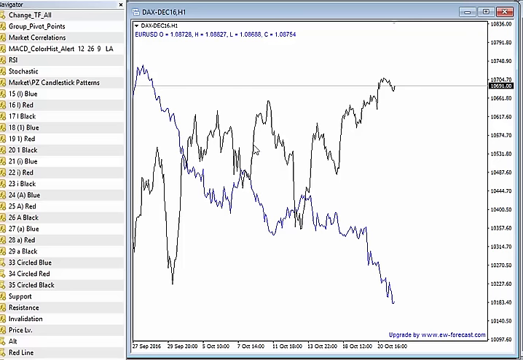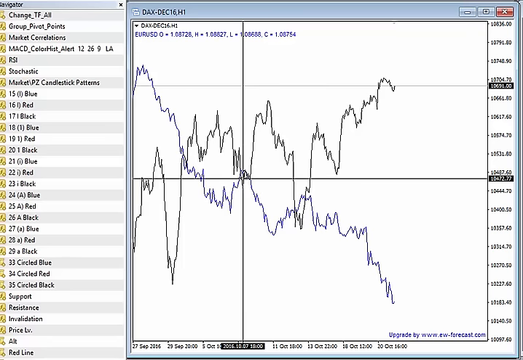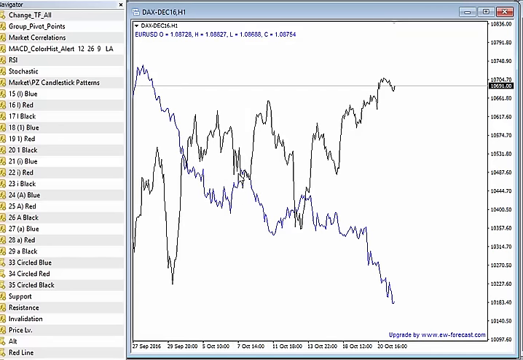Here you can see at the start of October, actually October 7th, euro dollar made a swing high, while the German DAX made a swing low. We saw a fall on euro dollar after that, while German DAX moved to a new high. Then at the same time German DAX found a high, euro dollar made a new swing turn to the upside into a pullback. Then again euro dollar found resistance, German DAX found support, and it bounced strongly to the upside.